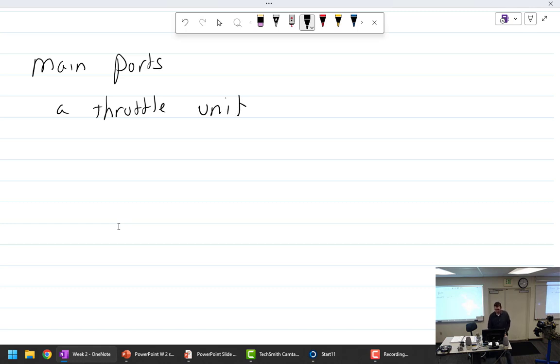Throttle unit contains the impact tubes and the venturi, possibly several of them. It controls and measures the mass airflow of the engine. The airflow is measured by volume and by weight. It contains impact tubes and venturis. It could have multiple venturis because these carburetors get really big. And the throttle valve.